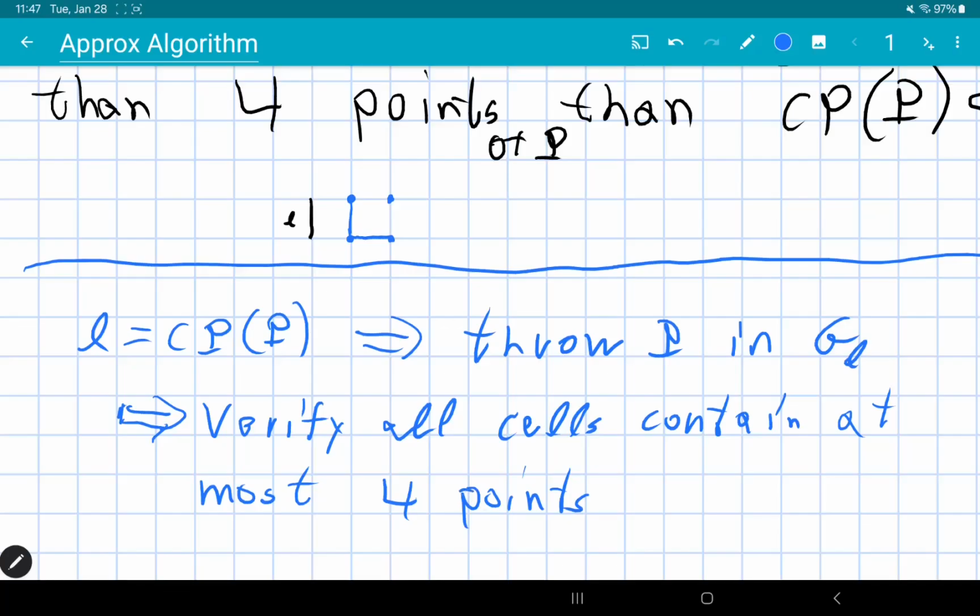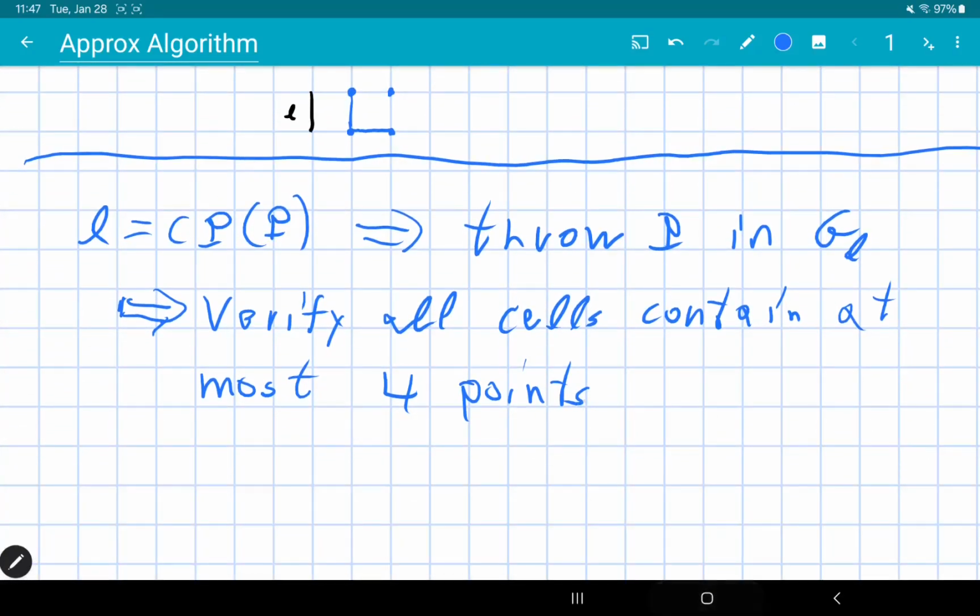If any of them contain more than 4 points, you immediately say no, thank you. The closest pair distance is smaller than L.